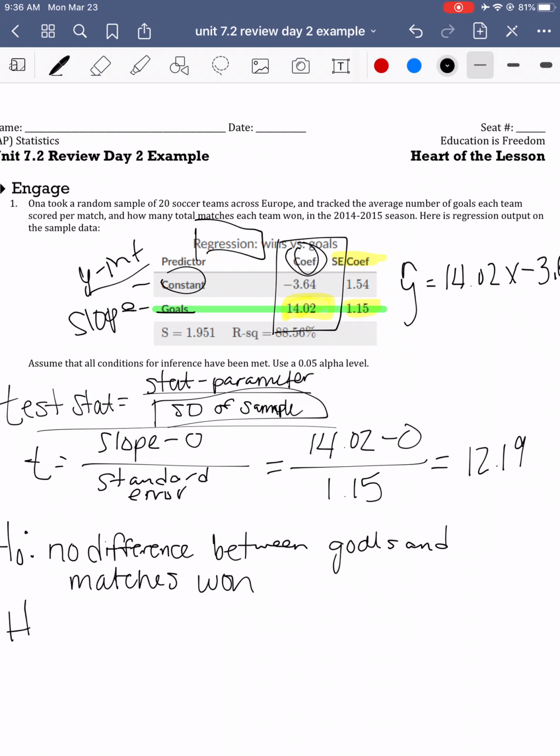And then our alternate hypothesis is there is a difference between our variables.